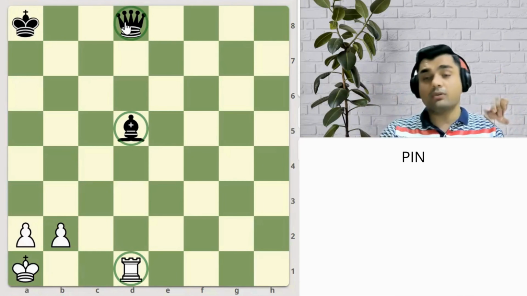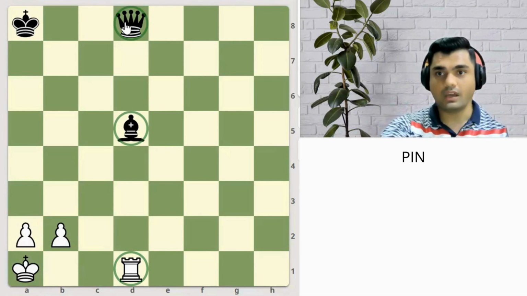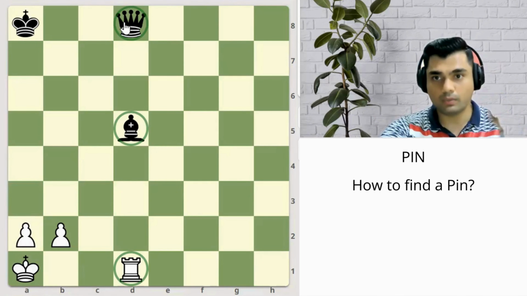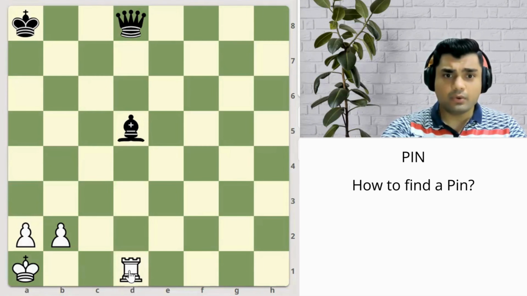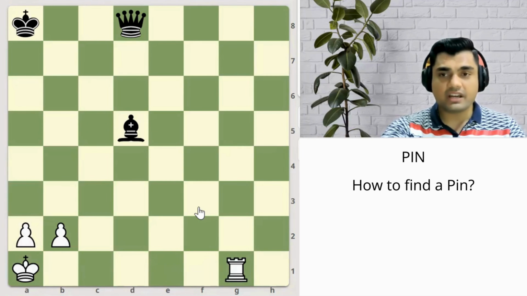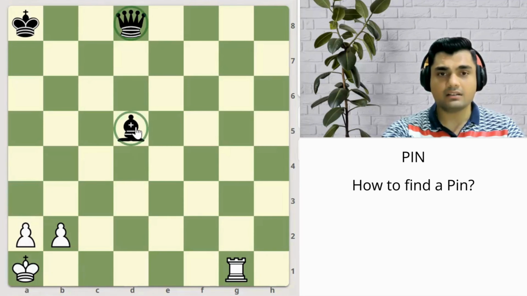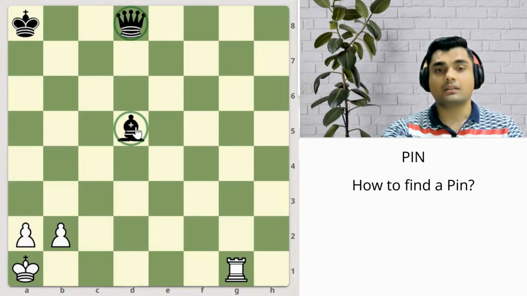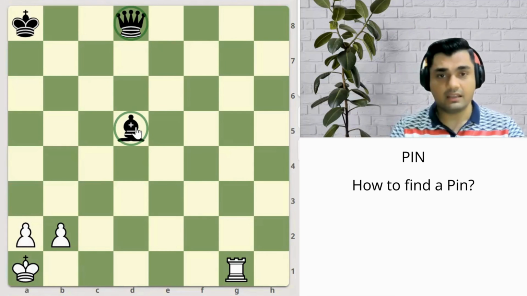Now second, coming to the point, how to find a pin or how to play a pin. To find a pin, you need to find two pieces which are in the same line of attack. For example, here in this position, the queen and the bishop are in the same line of attack.